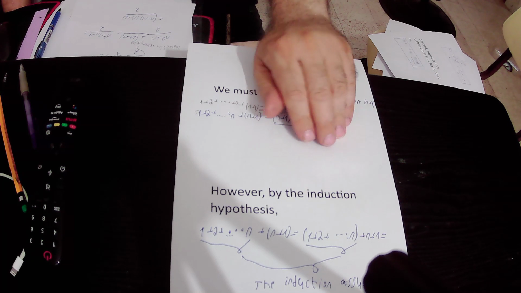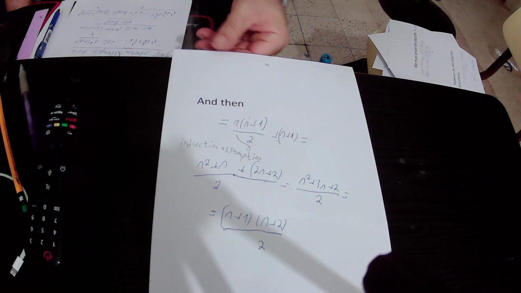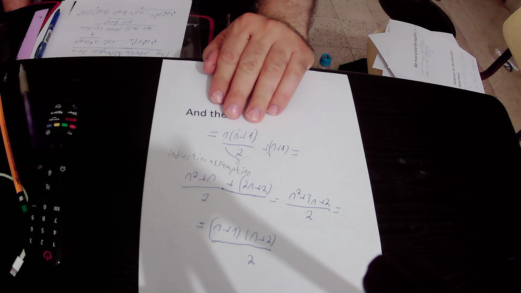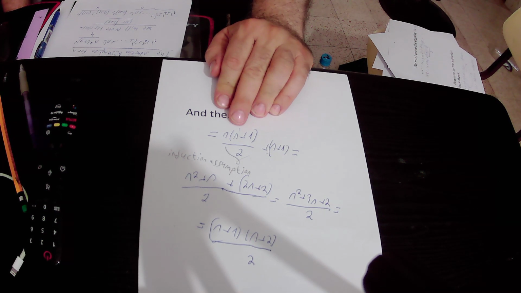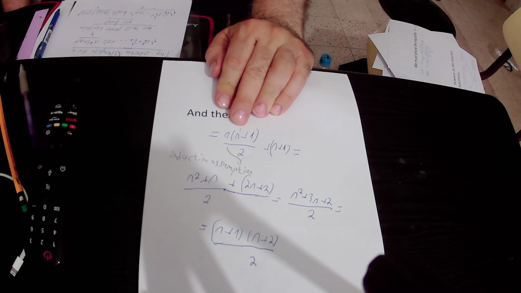Okay, so here we replaced the previous expression by n times n plus 1 divided by 2, because this equation we assumed is true for n.